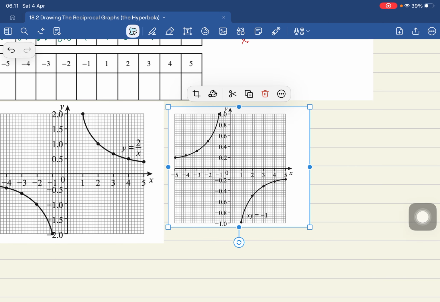Here also y equals 0. But for C, the asymptote is y equals 2.